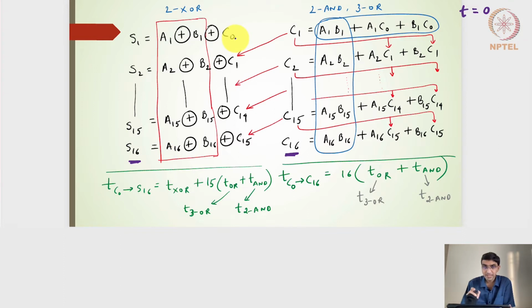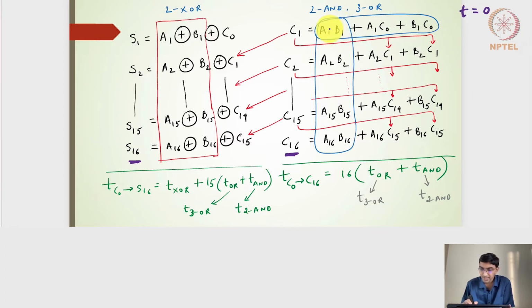To generate C1, which is the majority gate of A1, B1 and C0, written as A1B1 plus A1C0 plus B1C0, all of these products, A1B1, A1C0 and B1C0, are available at t equal to 0.